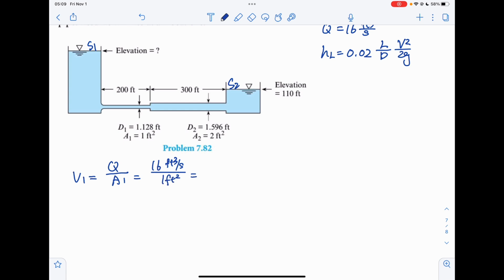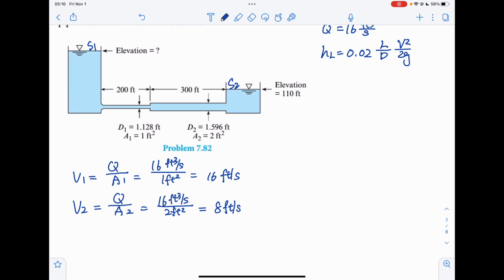So the velocity in the first pipe is 16 feet per second. The velocity in the second pipe is Q divided by A2, which is 16 cubic feet per second divided by 2 square feet. So it will be 8 feet per second.